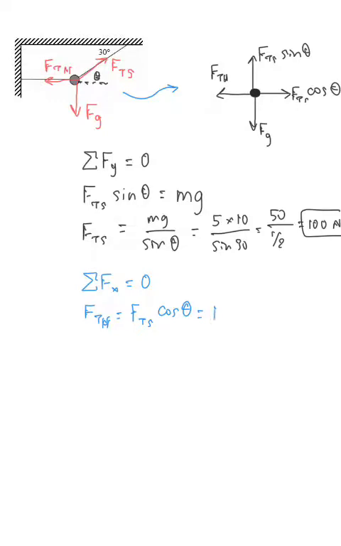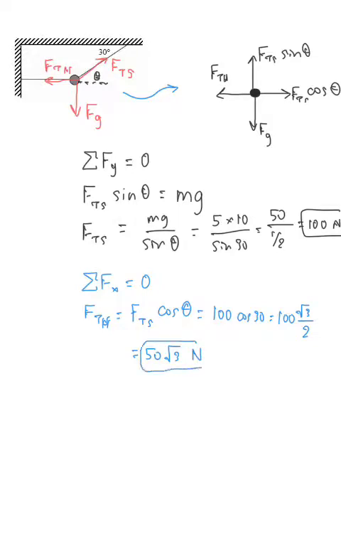FTS we just solved for as 100 times the cosine of 30. So that's going to be 100 times the cosine of 30, which is the square root of 3 over 2. And if you simplify that down, 100 over 2 gives you 50 times the square root of 3 newtons.